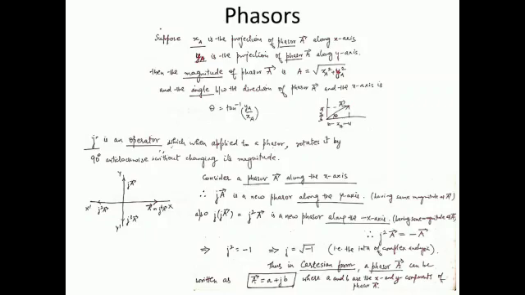So therefore J square A phasor will be simply minus or negative of the phasor A, and therefore we get J square to be equal to minus 1, or J equal to simply under root of minus 1, and this J is simply the iota of complex analysis.